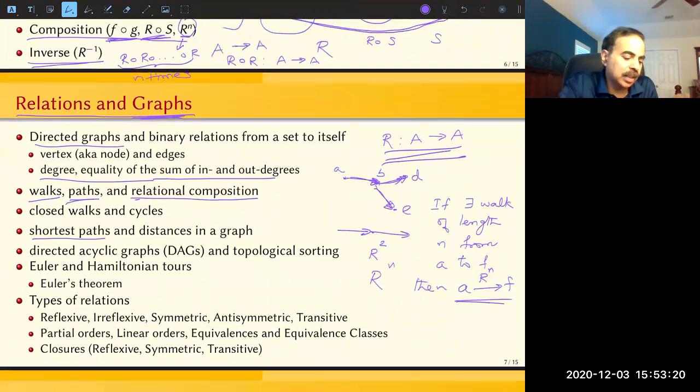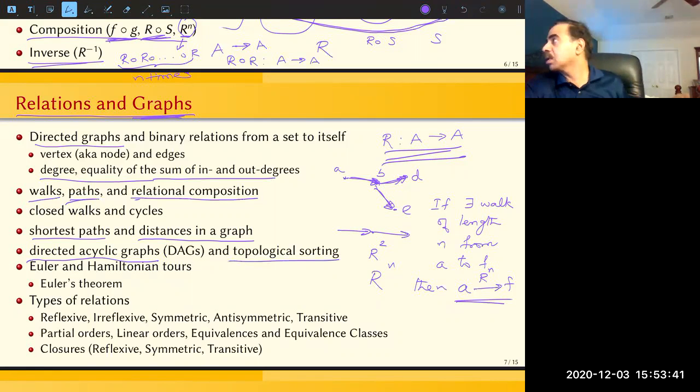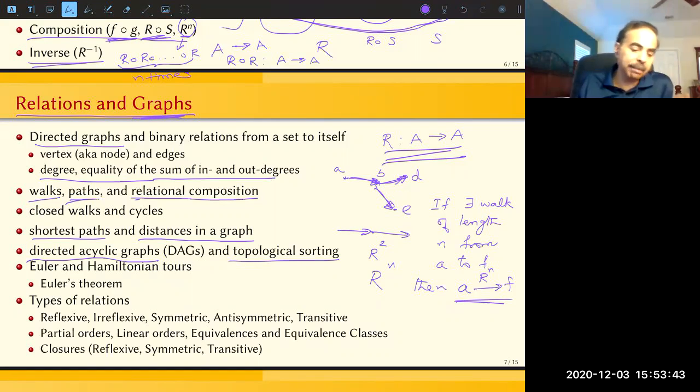We talked about shortest paths, and the shortest path between two nodes is called a distance, right? We talked about a special type of graphs that contain no cycles, right? And if they contain no cycles, then we can use what is called topological sorting on them.